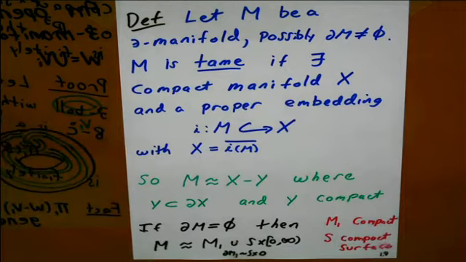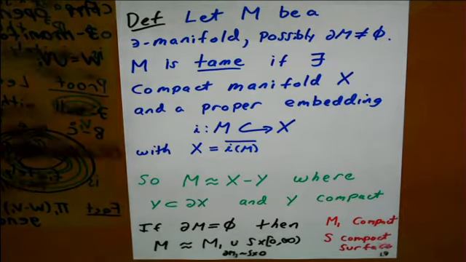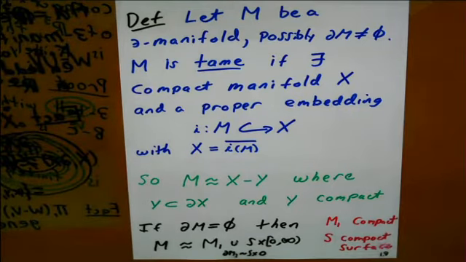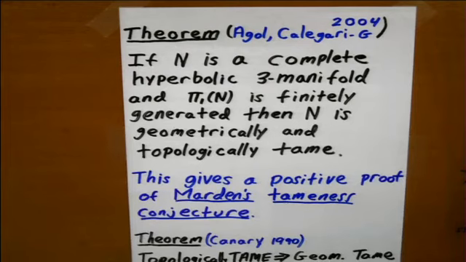So here's the topic for discussion: this theorem, that if you have a complete hyperbolic three-manifold with finitely generated fundamental group, then this manifold is both geometrically and topologically tame.